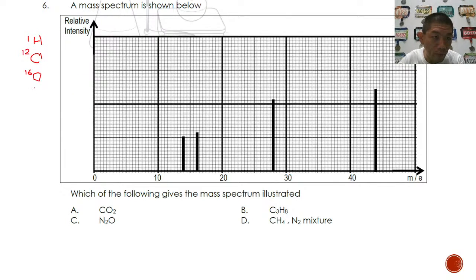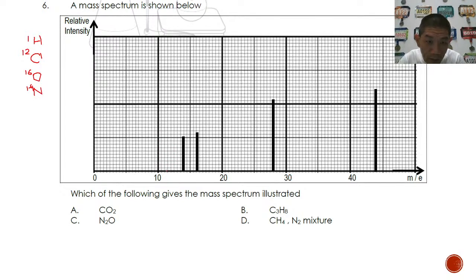Whereas nitrogen, the most stable form is 14. And then I believe that is all that you need to know. These are the possible mass spectra given by each of them, and you have to use a little bit of calculation to deduce the possible structure given in here.